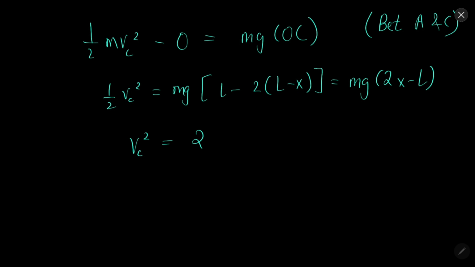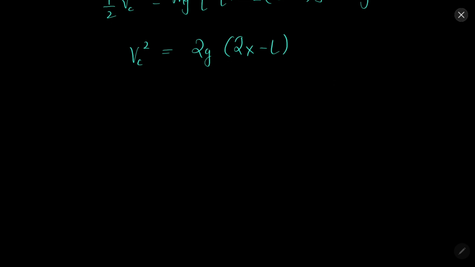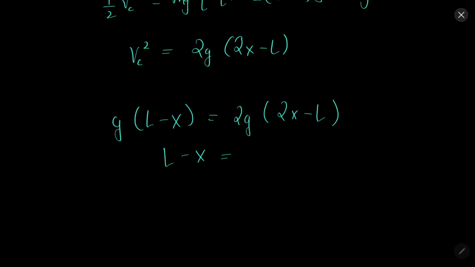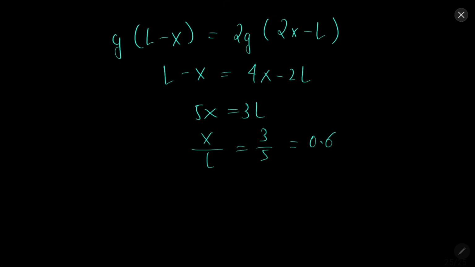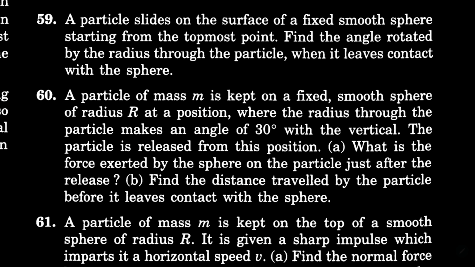So v square C is 2g(2x minus L). So g(L minus x) equals 2g(2x minus L). L minus x equals 4x minus 2L. So from this 5x will be 3L, x by L will be 3 by 5, that is 0.6. So the ratio of x by L is 0.6.